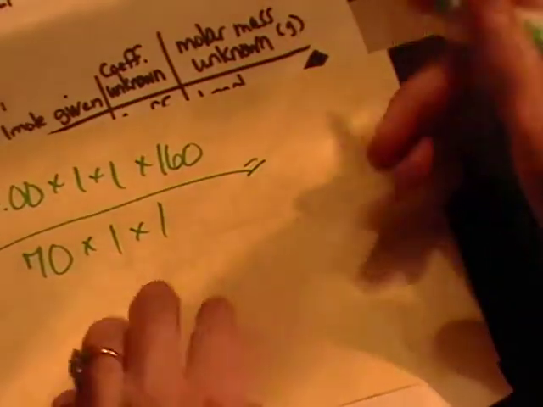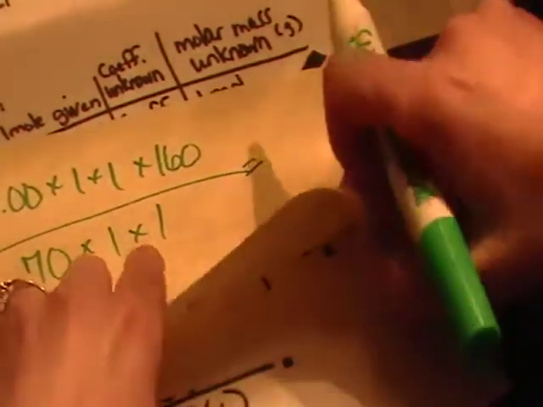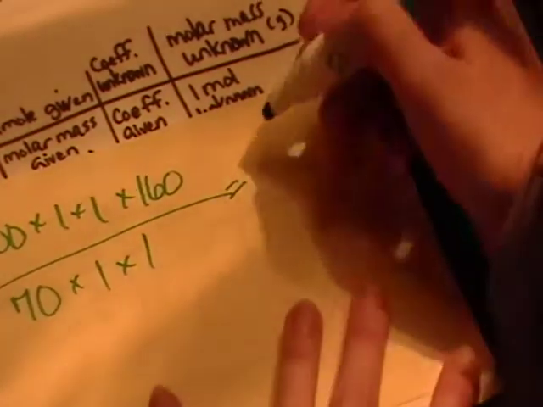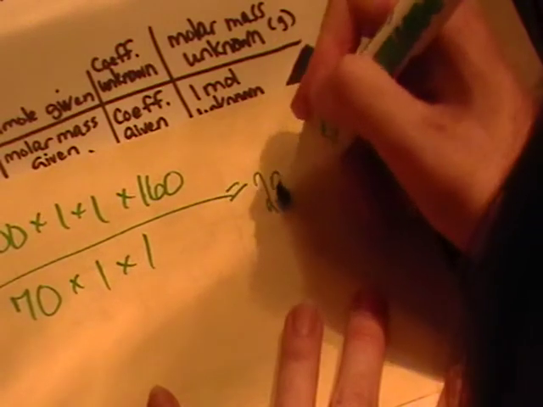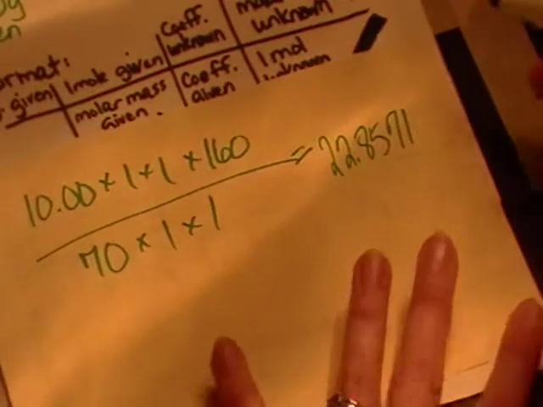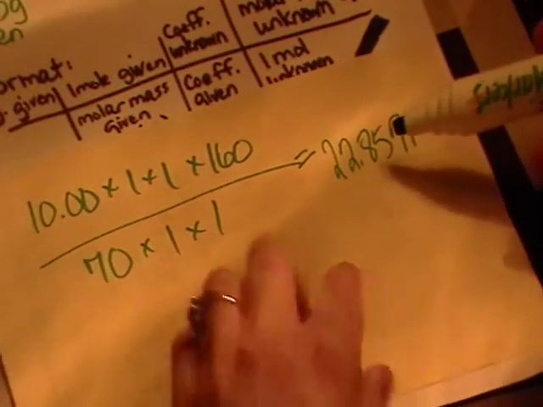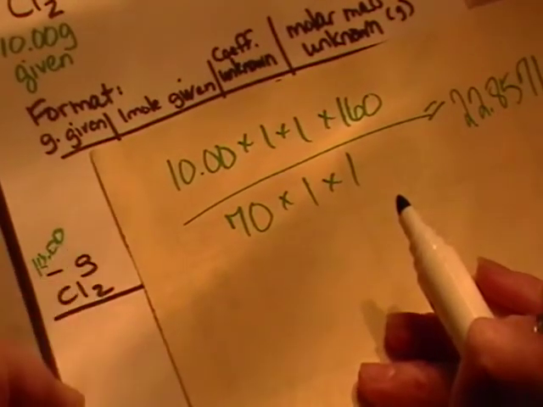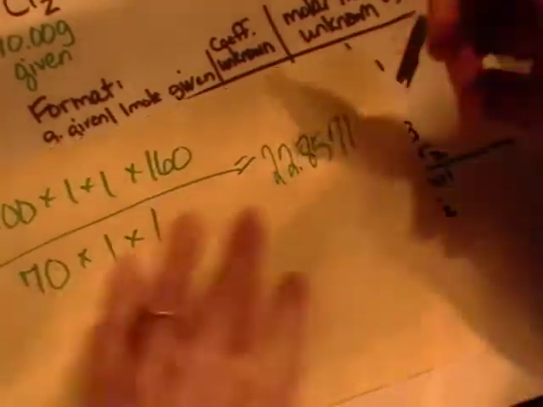When I get done with it, I should see on one of my pieces of paper, oh, here it is, that I get a number somewhat like 22.8571. I have to check back for significant digits, so I'm going to look back at the very beginning, and my given has 1, 2, 3, 4 significant digits, so my answer has to have 4.